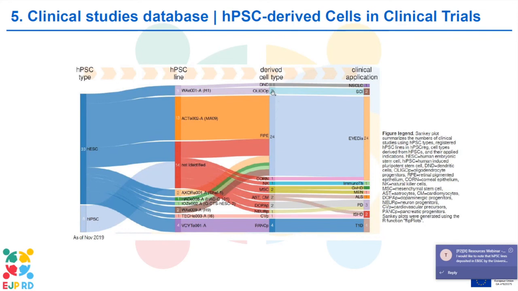And as for the derived cell types from these stem cells, it's a lot of retinal pigmented epithelia. And these retinal RPE cells are used for clinical applications in macular degeneration. Okay, so these numbers are a little bit old, and I'm sorry I haven't had time to update this, but it just gives you a sense of what kinds of pluripotent stem cell types are being used for what end applications.